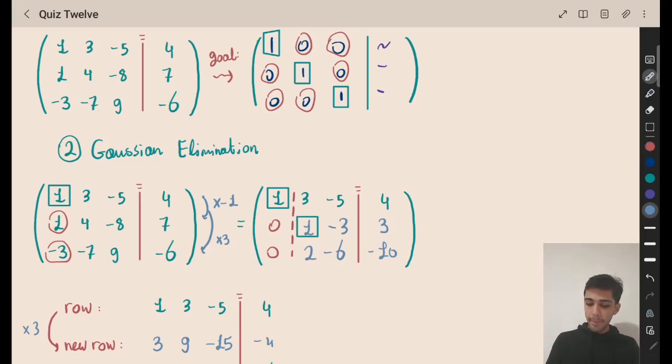Because here's the thing. If I want to make a 0 here and a 0 there, then I should multiply this row by minus 3, cancel out this positive 3. I should multiply this row by minus 2 and add it to the second row to cancel out the 2.